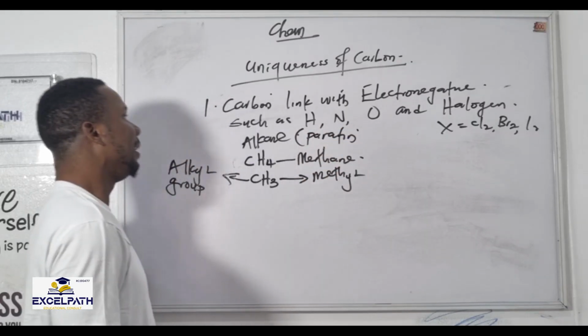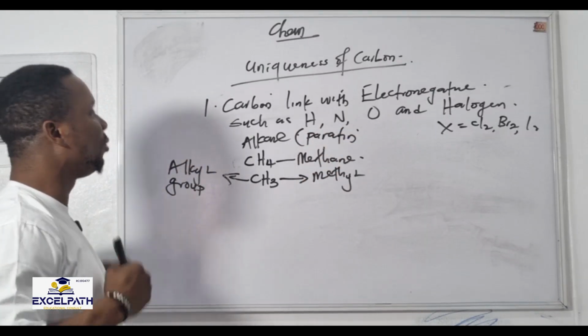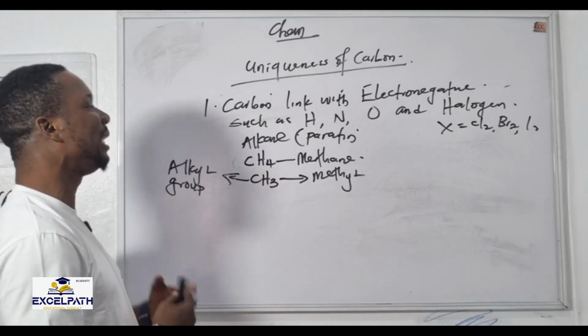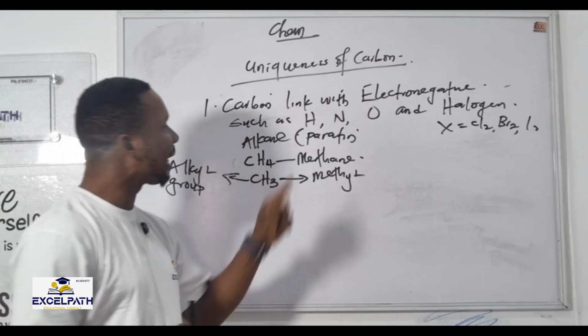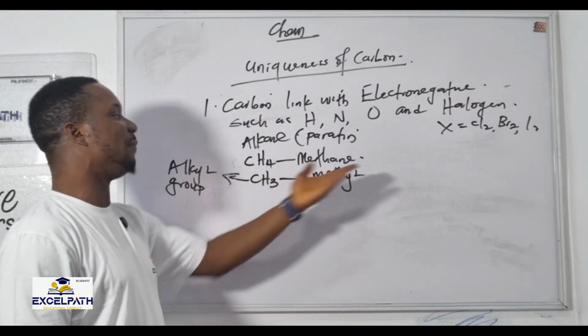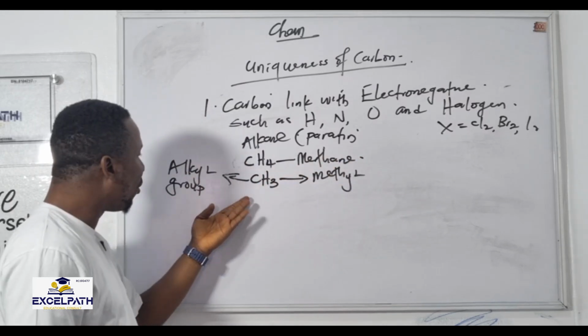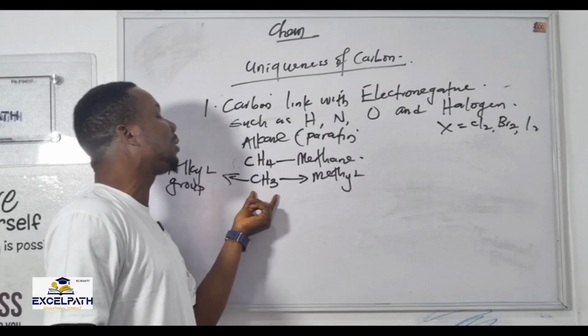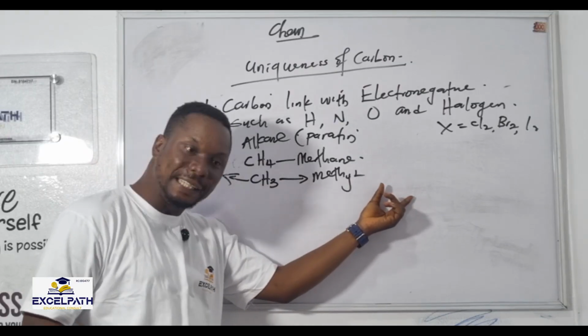Do you understand? So what I'm trying to talk about is that carbon is unique. It has the ability to link with some elements like hydrogen, nitrogen, oxygen, and halogens. So carbon linking with hydrogen can form methane gas. Carbon links with 3 atoms of hydrogen, forms what? Methyl group.